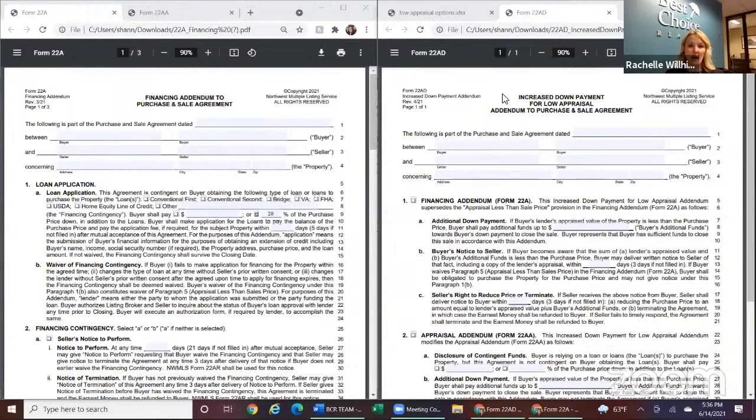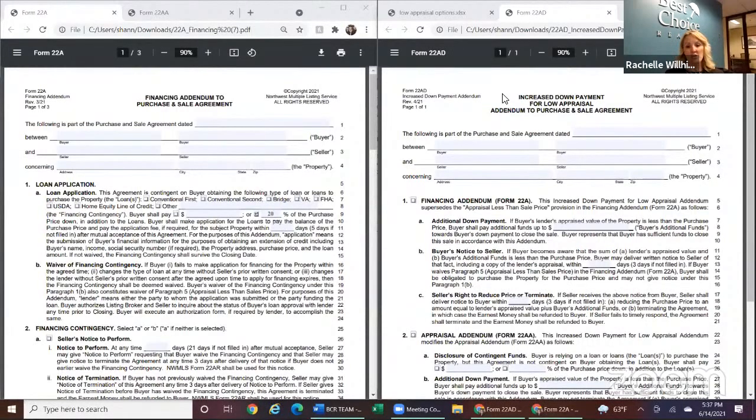That's the reason you might consider using the Form 22AD with your client. It's called an increased down payment addendum, where we set the stage ahead of time.